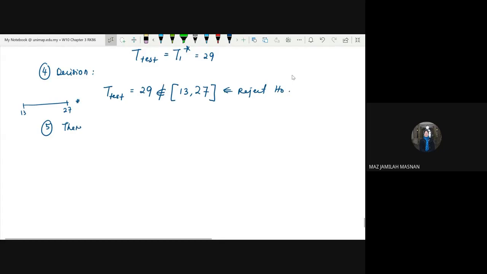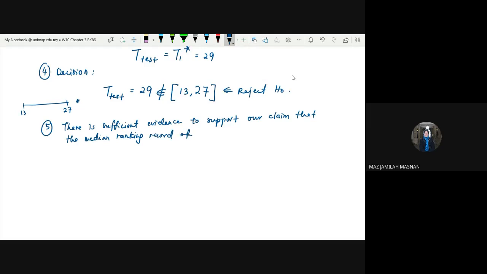So there is sufficient evidence to support our claim that the median ranking record of SSP is significantly greater than SSP at the 5% significance level.